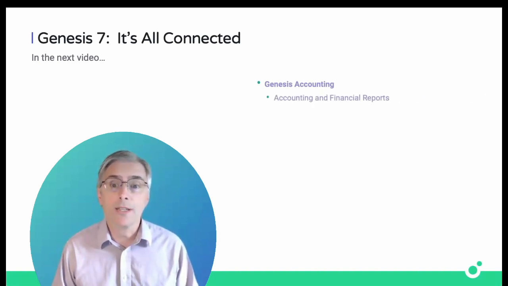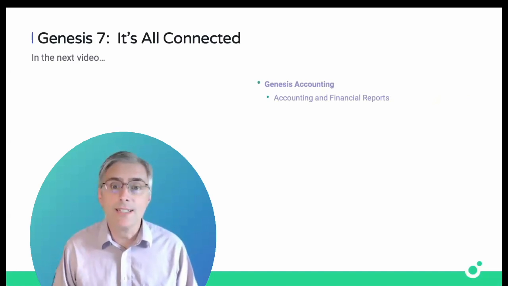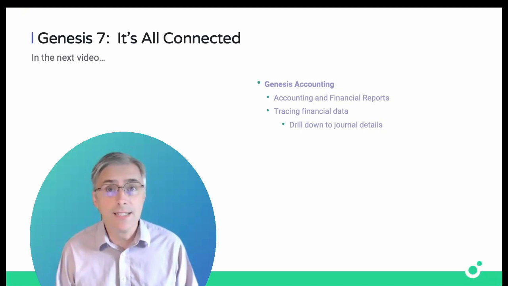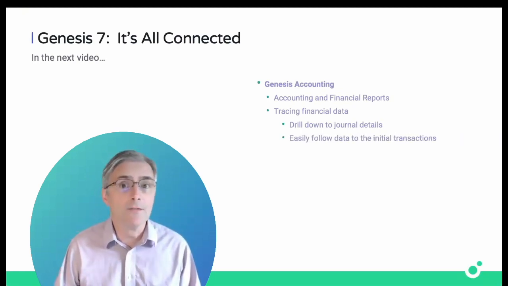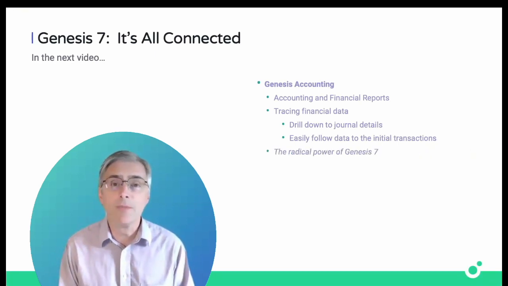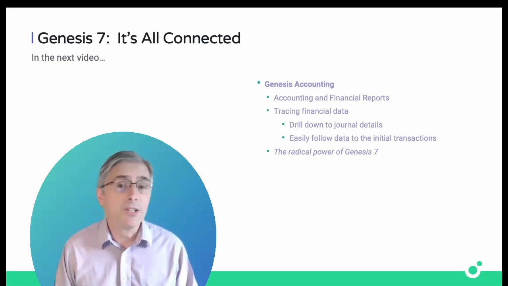We'll start by looking at some reports and then look through to the details and find ways of tracing that financial data, looking at the journal details and even tracing it back to the originating invoice data. And we'll begin to recognize just some of the real power of working with data that is truly interconnected and interrelated in its basic design. So I'll see you in the next video.